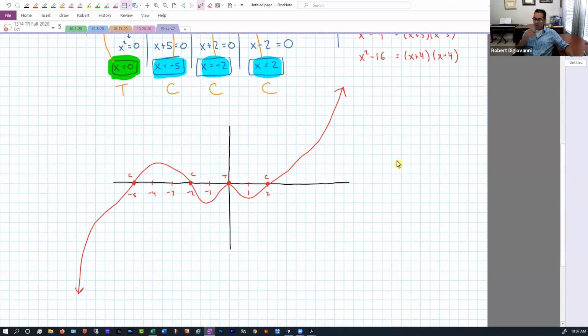Okay, so let's do a poll here. Would you like me to give you a problem to work on in groups, or would you like for me to just move on to the next topic, rational functions? Yes, let's do a problem together. No, let's move on to the next thing.